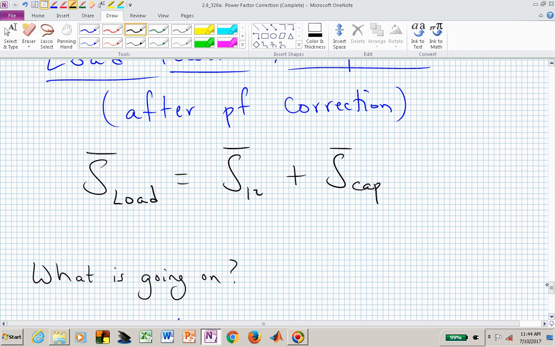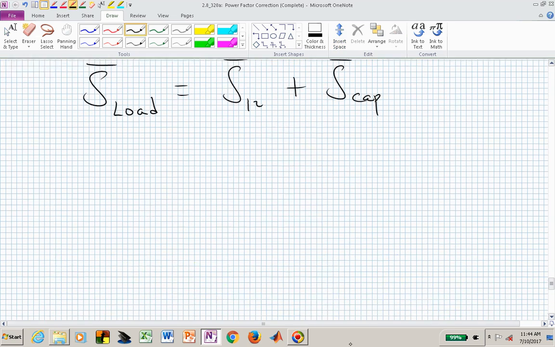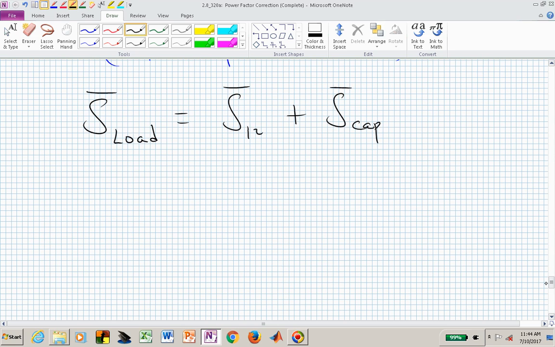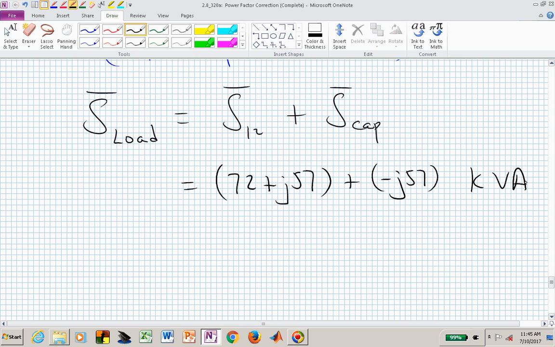So in this case, we now have 72 plus j57, that's S12. Then our capacitor was minus j57, and all of these are thousands, so we have kVA.